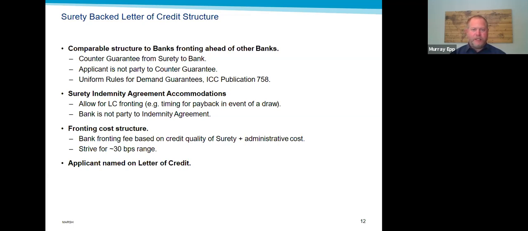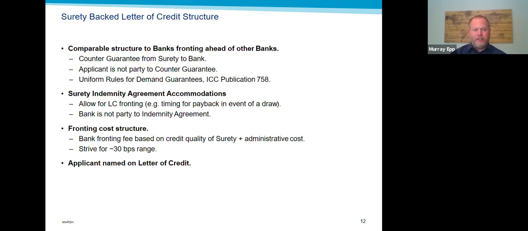One of the things that we've seen is an amendment on the indemnity agreement that will allow for a 5-day payment window or something like that, where the applicant has to pay back the surety, who has to pay back the bank. So they really tighten the timing in relation to those paybacks just to make sure that the bank's made whole in the event there's a draw on a letter of credit.